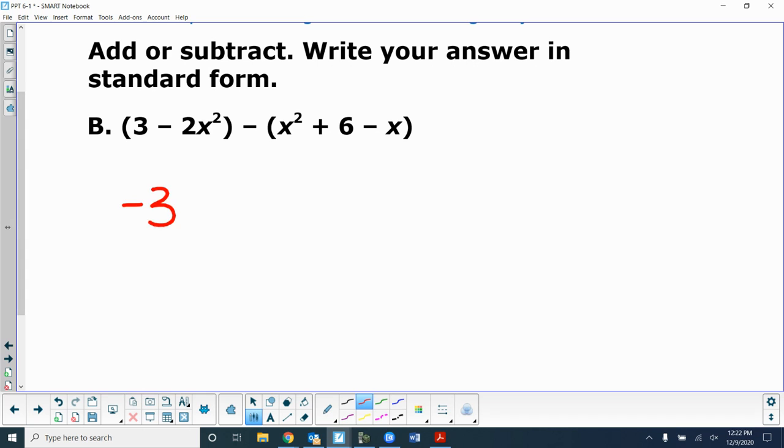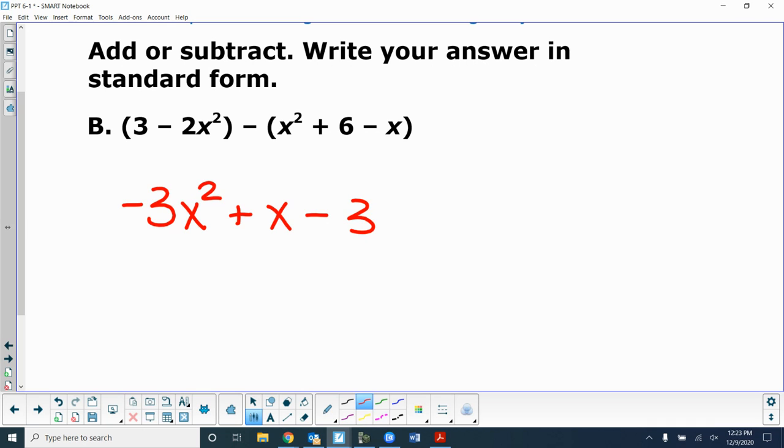Negative 3x squared plus x, and then minus 3. So the minus basically turns those to the opposite, right?